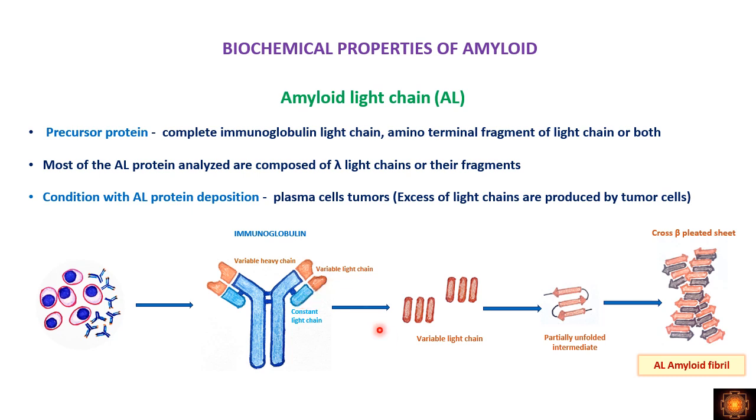This condition we usually see in plasma cell tumors, where the plasma cells produce excess light chains. These light chains aggregate, form oligomers or intermediates, then undergo a conformational change and form the amyloid fibril. So amyloid light chain type deposits we see in plasma cell tumors.